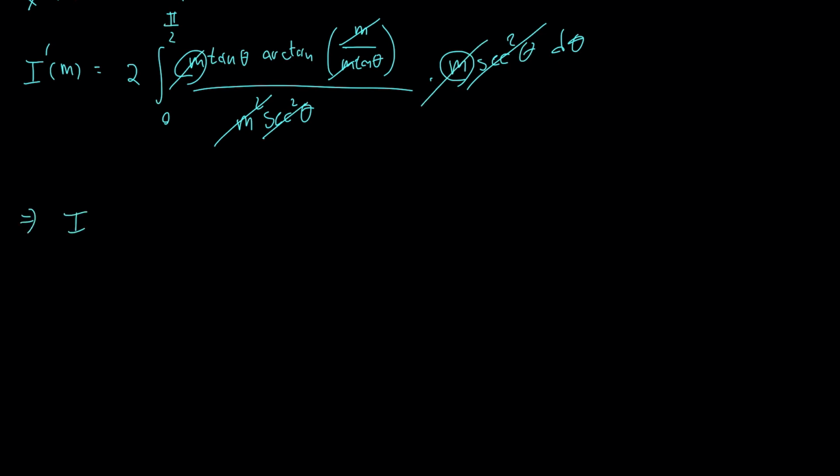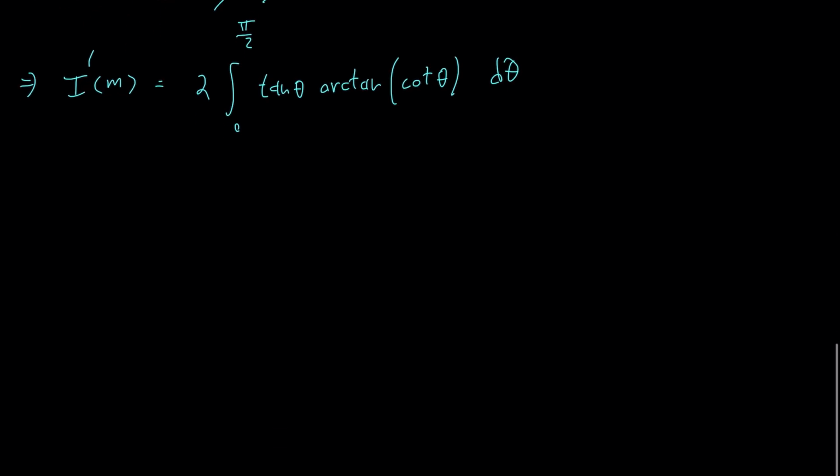So we're left with I prime of m is twice the integral from 0 to pi over 2 of the tangent of theta times arctangent of m over m tangent theta, which is arctangent of 1 over the tangent of theta, could be rewritten as the arctangent of the cotangent theta d theta. And then from here we could use standard integration by parts.